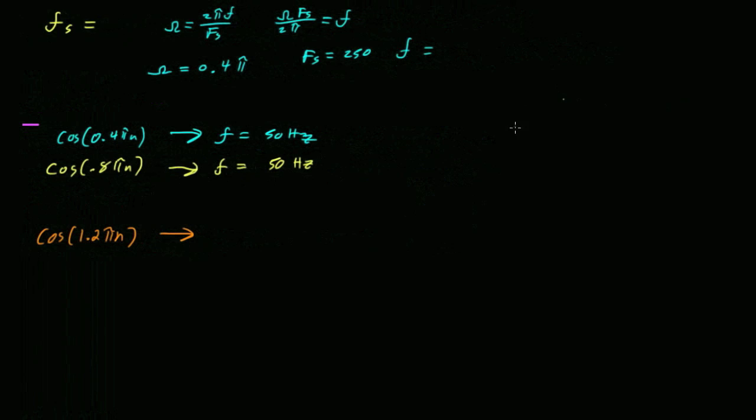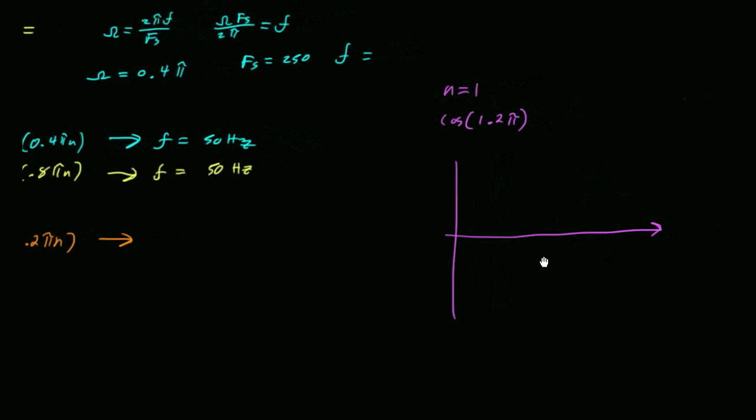For the sake of argument, let's just talk about the first sample, n equals 1. In that case, I would have cosine of 1.2 pi. Is that right? Now watch this. Theta, cosine of theta.